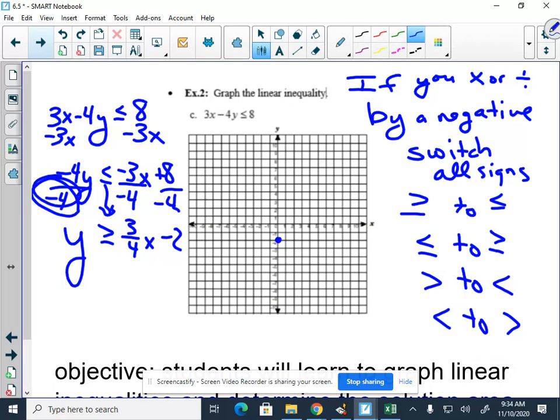Down 2, we go up 3 over 4. Up 3 over 4. Since it's an equal to, this one has a solid line.